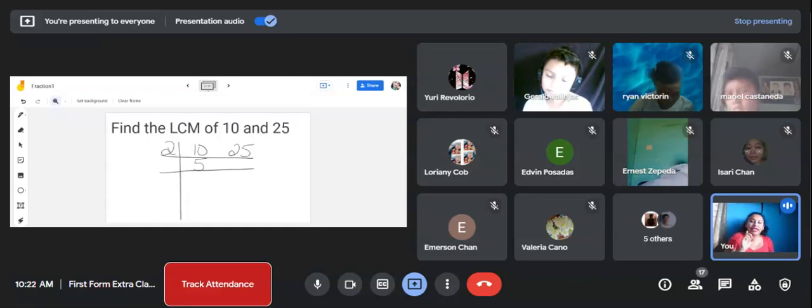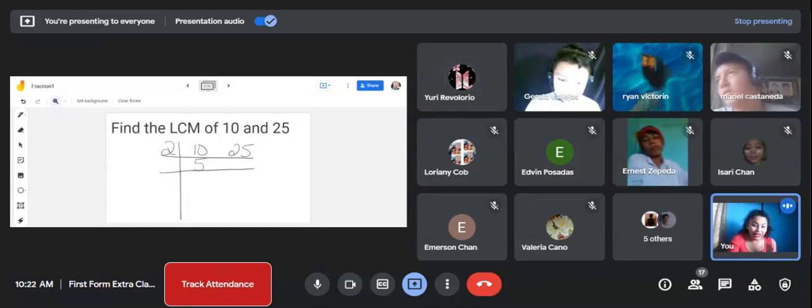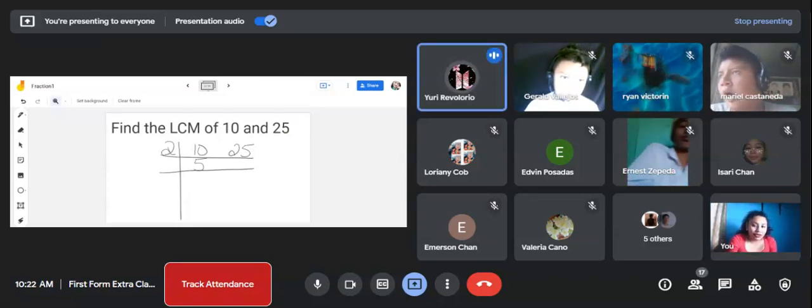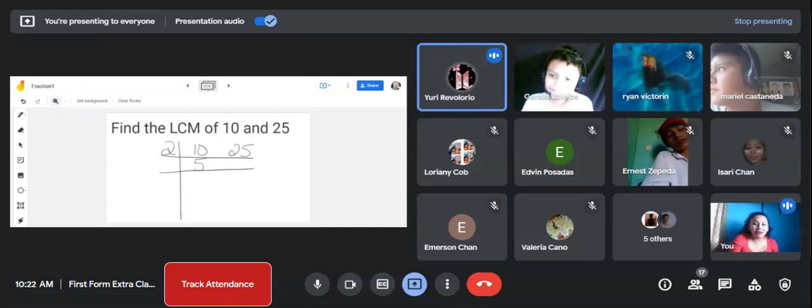When we are doing the ladder, we always want to do perfect division, no remainder. So 10 divided by 2 is 5.